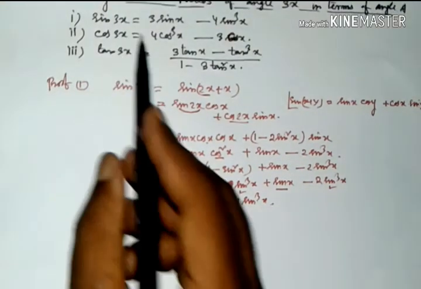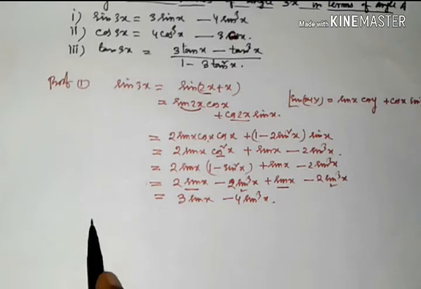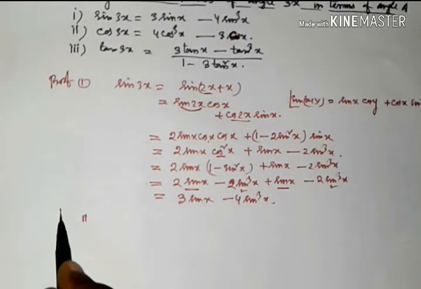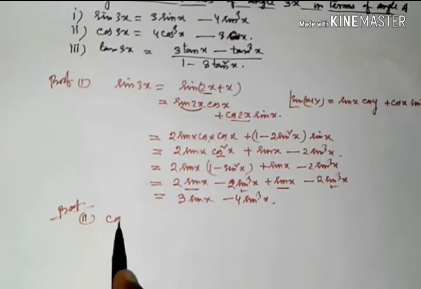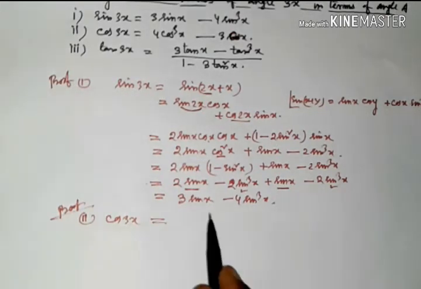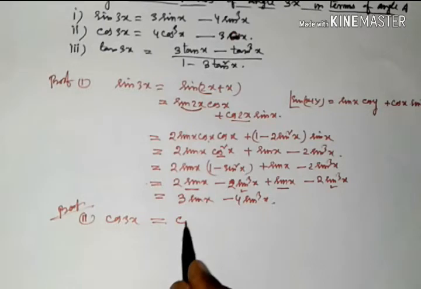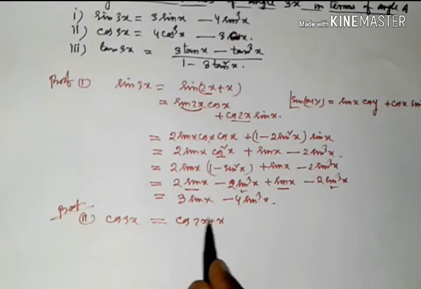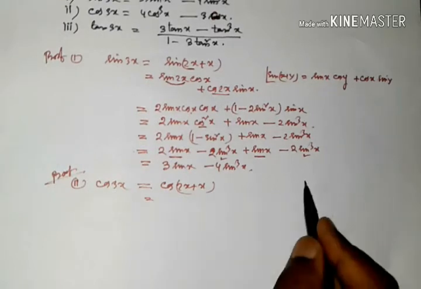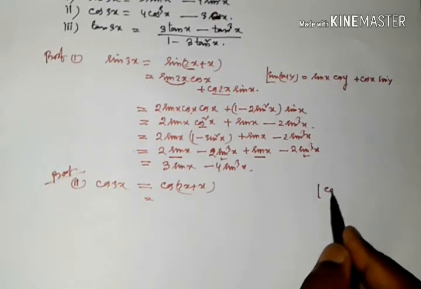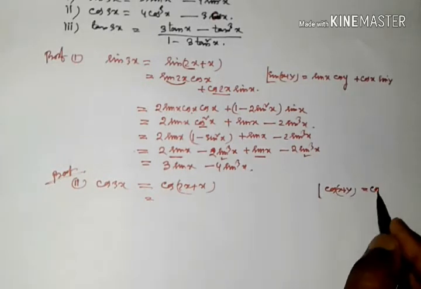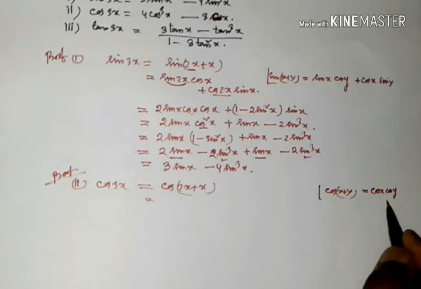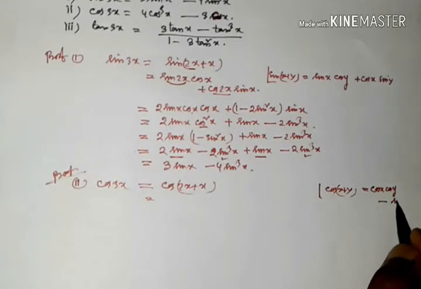We can also prove cos 3x in the same way. Second proof: cos 3x can be written as cos of 2x plus x. Now you have to keep in memory the formula cos of x plus y equals cos x cos y minus sin x sin y.